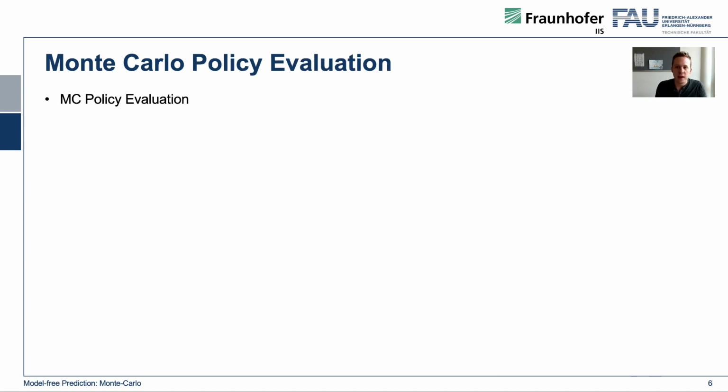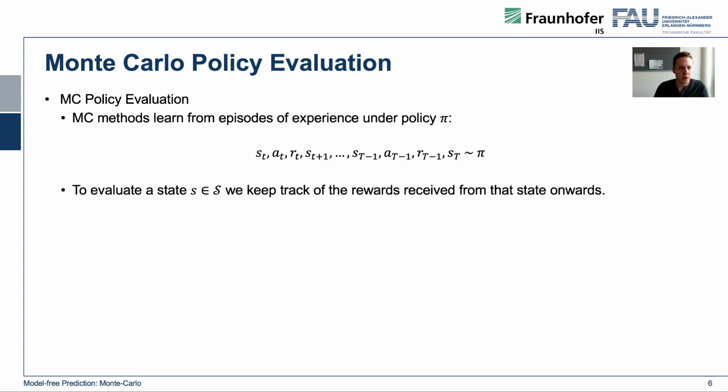And this brings us actually to the Monte Carlo policy evaluation, which is the basic algorithm that we will cover here. So formally defined, what we discussed through an intuitive discussion in the previous slide: in Monte Carlo methods, we try to learn a value function from episodes of experience that we gain under policy pi.